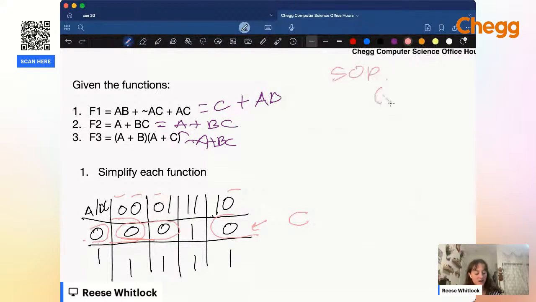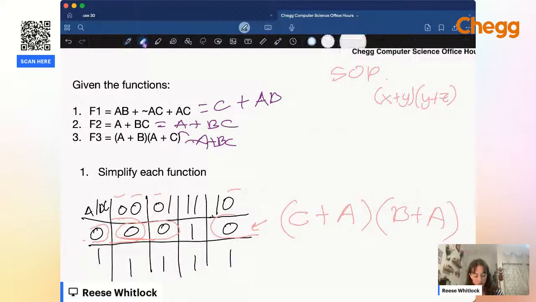So sum of products takes the form x plus y or y plus z or et cetera, et cetera, et cetera. So it's C or A and B or A. And if we distribute that, we would see that we get the exact same thing as we got before, which is A or BC.